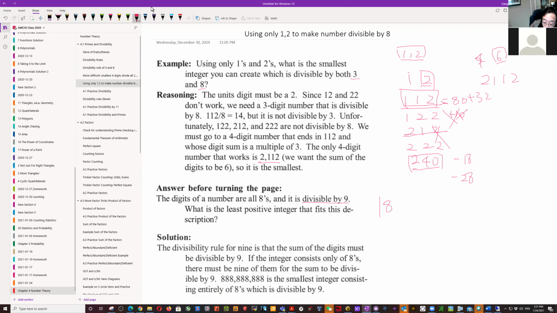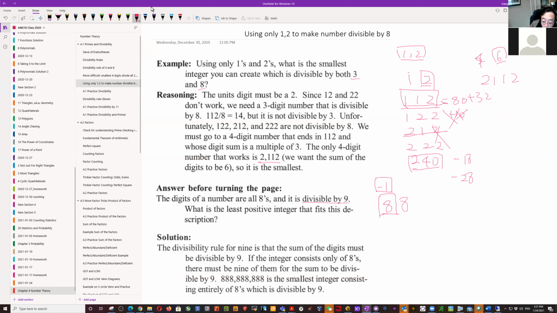So each 8, you can actually see it differently. Each 8 you can see as a -1. Basically you can think about it as -1 modulo 9.